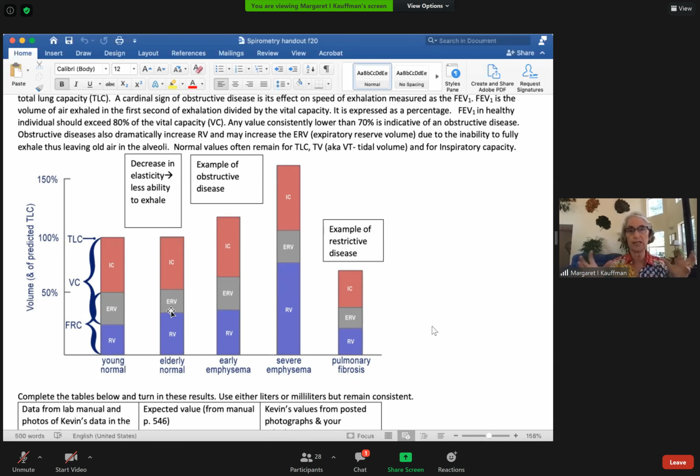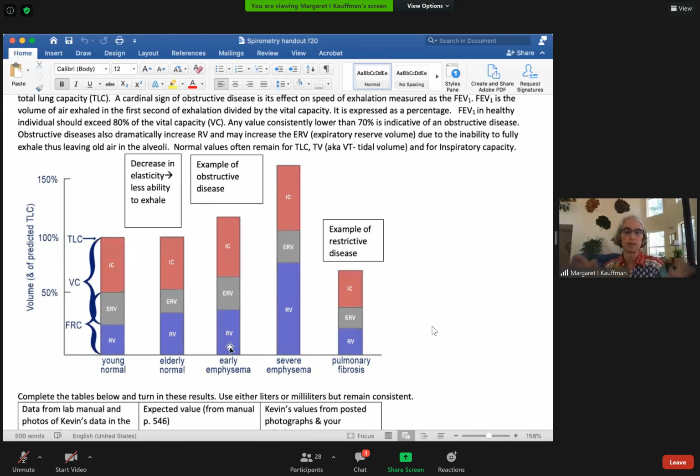You can't empty the lungs as efficiently, so residual volume goes up and the expiratory reserve volume goes down. That's normal with aging because of those elastic fibers becoming less elastic in the lung tissue itself, even without any disease state. So here's somebody with early emphysema.